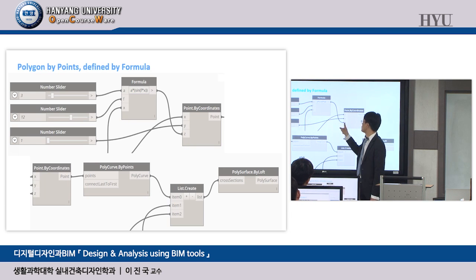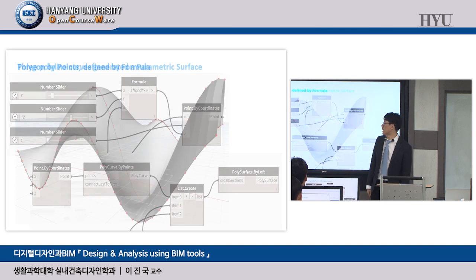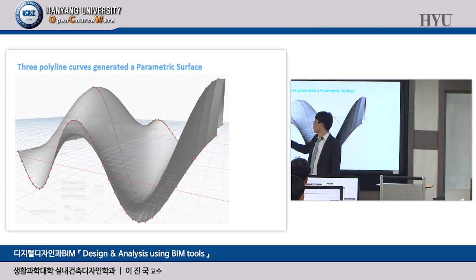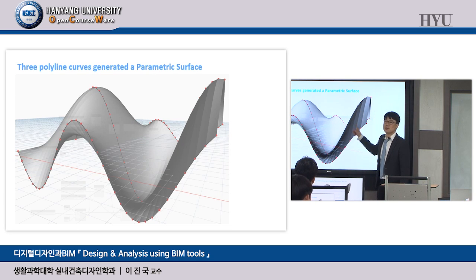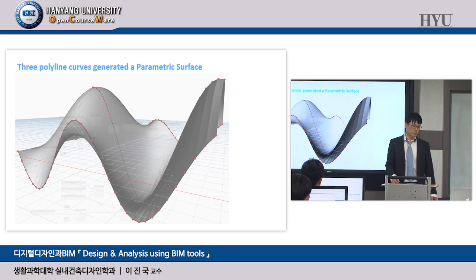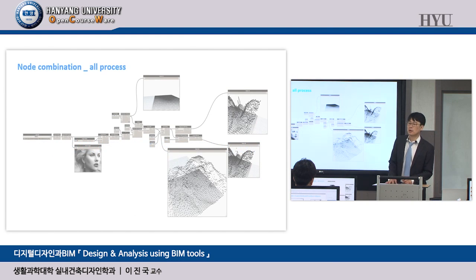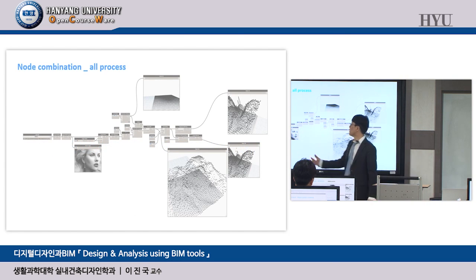At this time, the Z coordinate, which means the height of the line curve, okay? According to the Z coordinate, this one shows a certain type of sine graph, okay? That's why we can get this kind of surface.